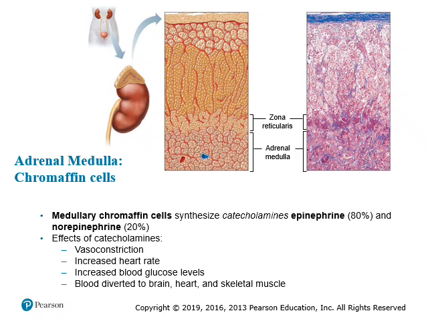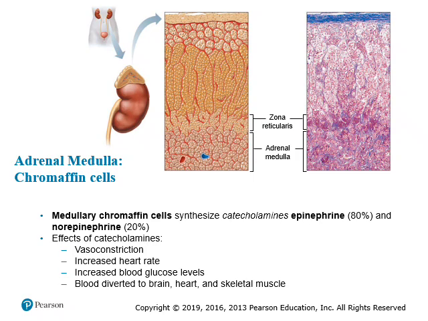Then we are now in the middle of the adrenal gland, right smack in the middle. This part here is the adrenal medulla. The adrenal medulla has specialized cells, which are called the chromaffin cells, and they synthesize catecholamines. 80% of their secretion is epinephrine, and 20% is norepinephrine.